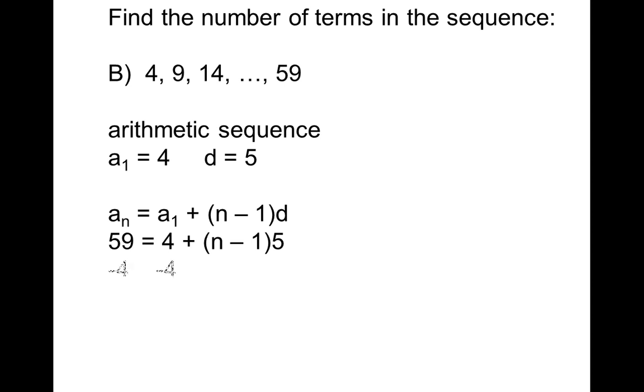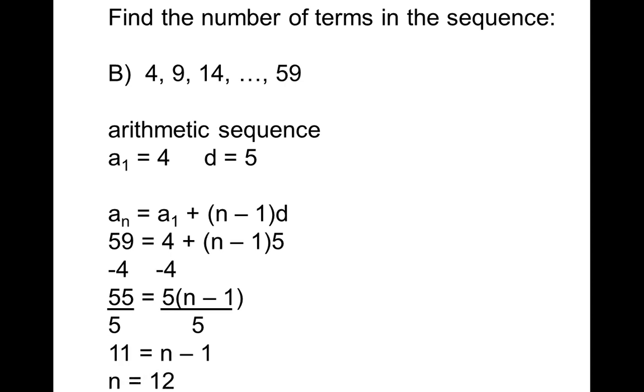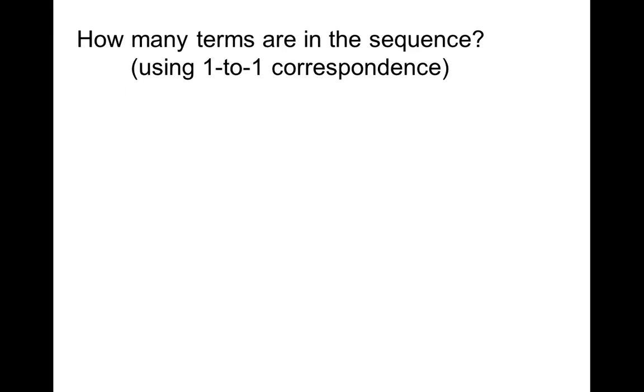If we solve this equation for n, we see that n is 12, so there are 12 terms in this sequence. So this is another way that we can find the number of terms in a sequence. We can use that nth term formula to identify the value of n for a number in the sequence which happens to be the last term.